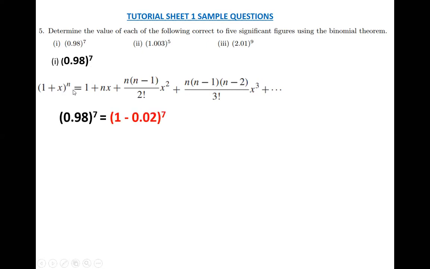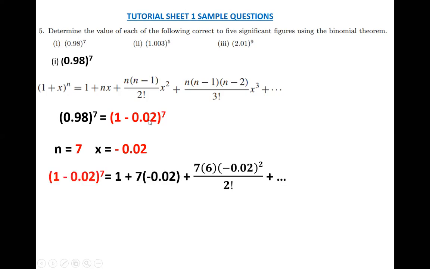So 0.98 can also be written as 1 minus 0.02. Now you need to identify which one is your x and which one is your n. Of course, our n there is 7, and our x, you get together with the negative, it's negative 0.02.